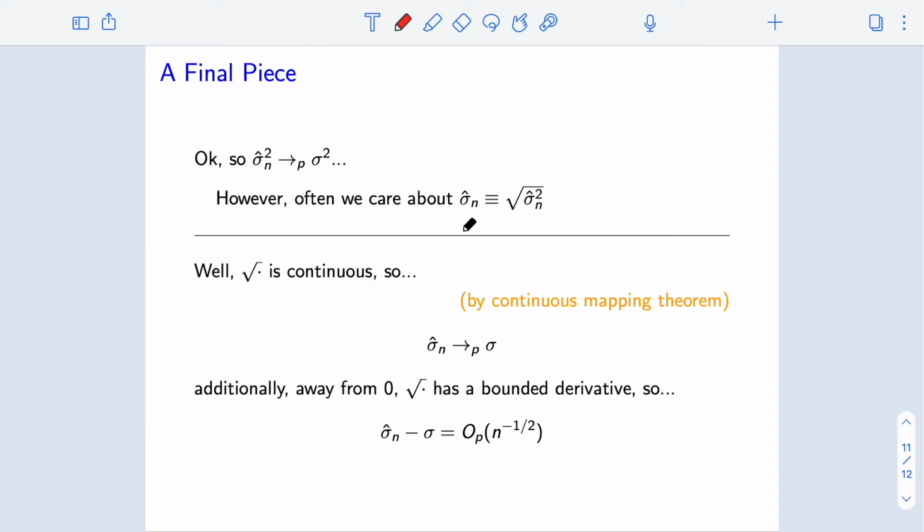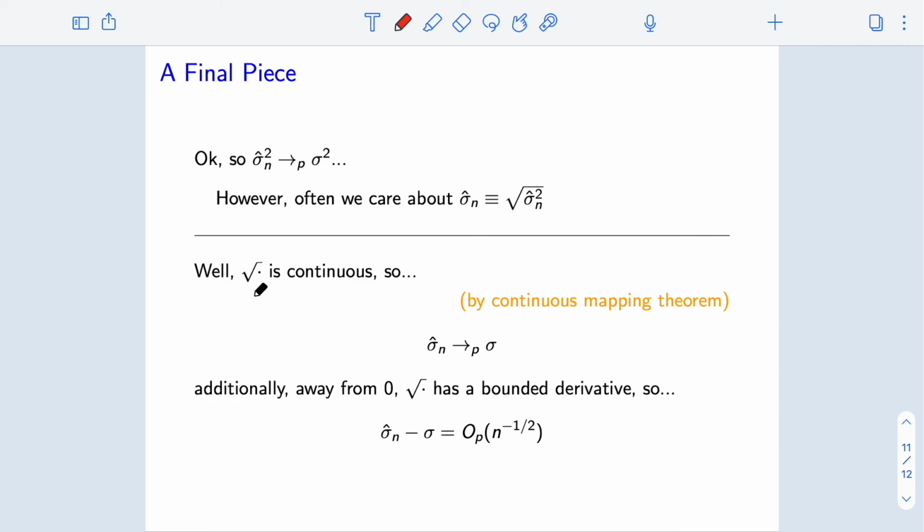So how do we do that? Well, to start, square root is a continuous function. By the continuous mapping theorem, we have that if sigma hat squared converges to sigma squared, then if we apply the continuous function square root, then sigma hat will converge to sigma in probability.